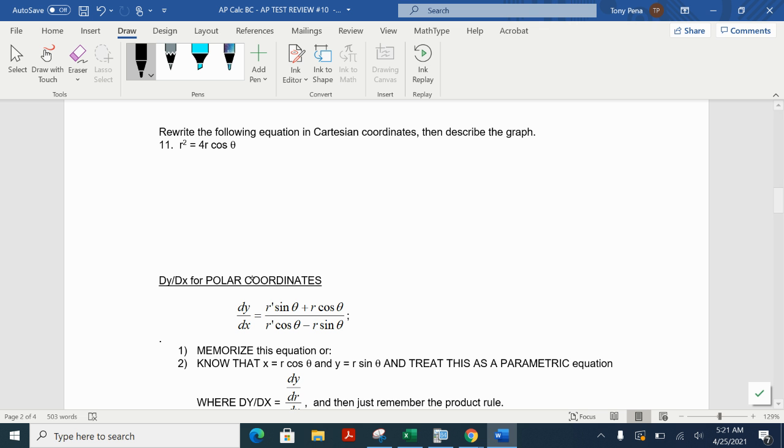All right, next one, same thing. Let's go ahead and do x squared plus y squared equals 4x. And then now this one, I'm asking you to describe what this graph would be. Not something I would really anticipate doing or having to do on that test, but just as a little refresher, let's talk about this.